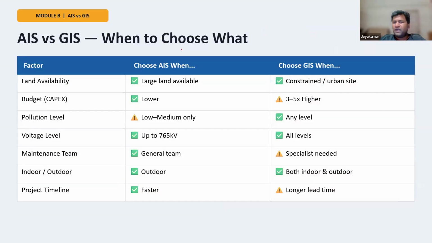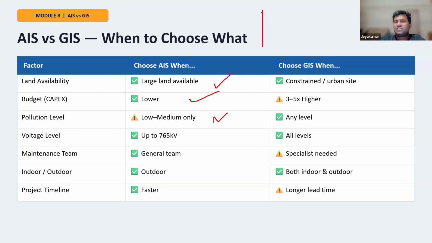So when to choose what? When you have a lot of land availability, then you can think of AIS, because compared to GIS the cost is very less. Pollution level, yes, there are some challenges, because what do you mean by pollution?